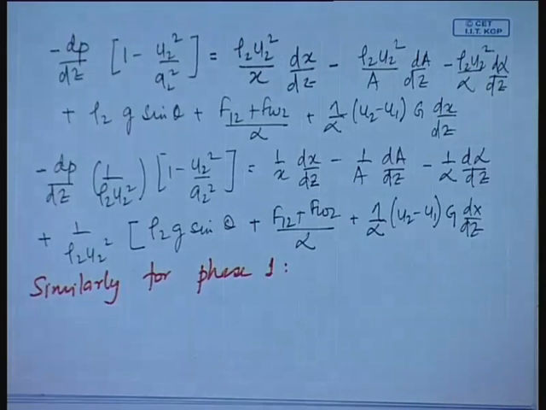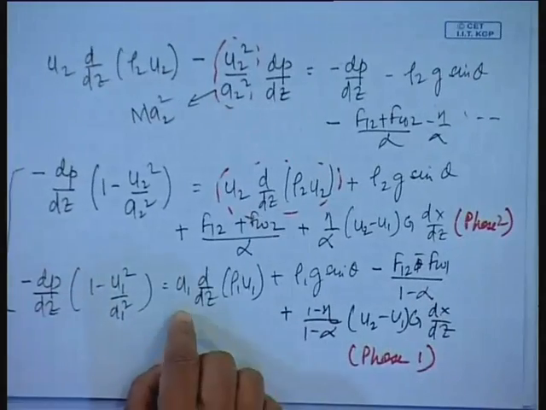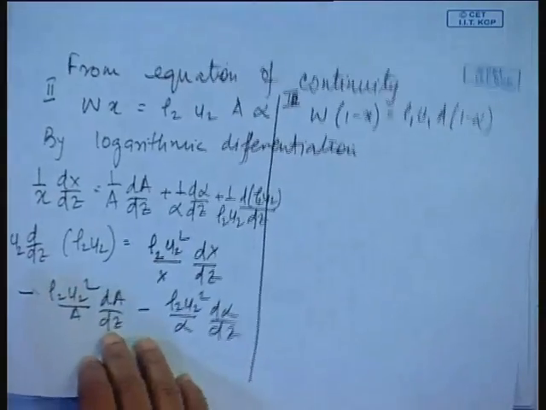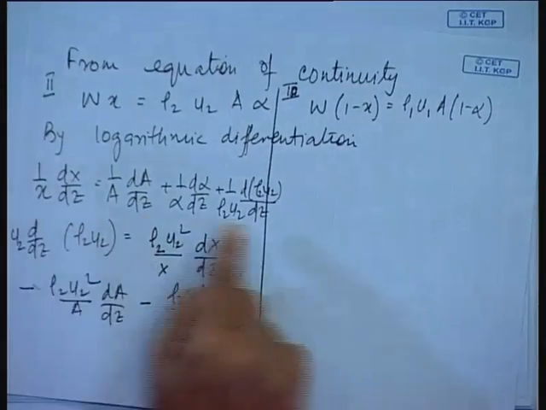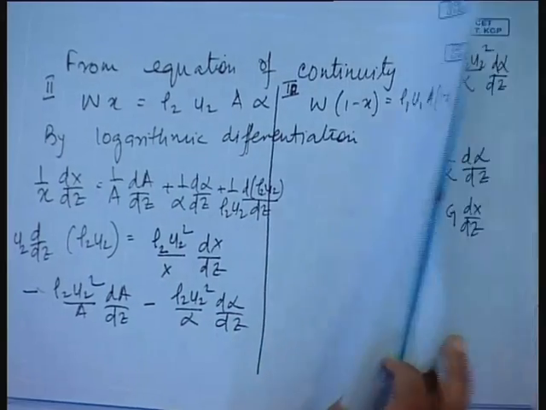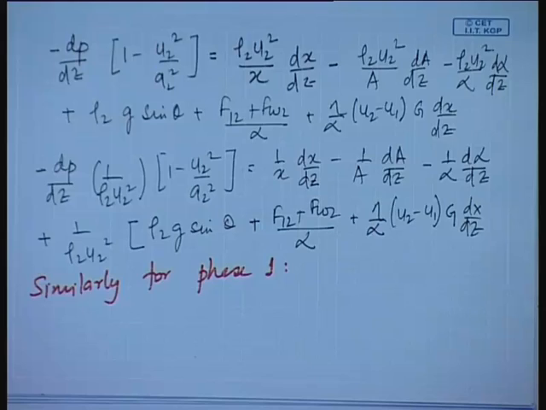In the same way, we can write down an identical equation for phase 1 by substituting u 1 d dz of rho 1 u 1 from the equation of continuity and performing the logarithmic differentiation, and we can arrive at one particular expression for phase 1. We will be doing it in the next class, and then we will finally arrive at the condition of compound choking for the two phases using the two fluid model. So, thank you very much.